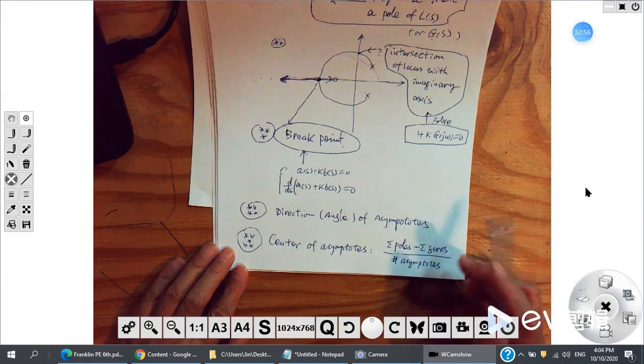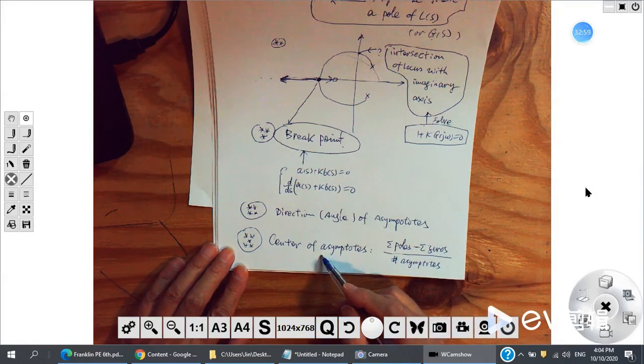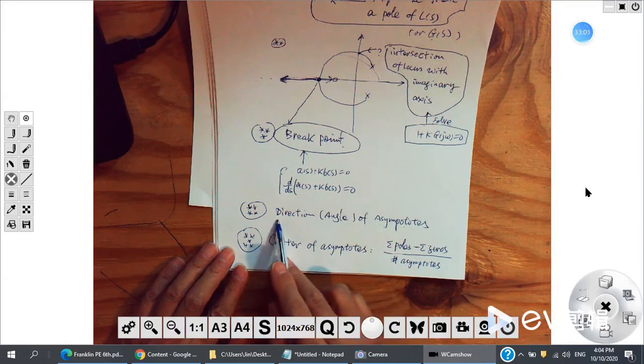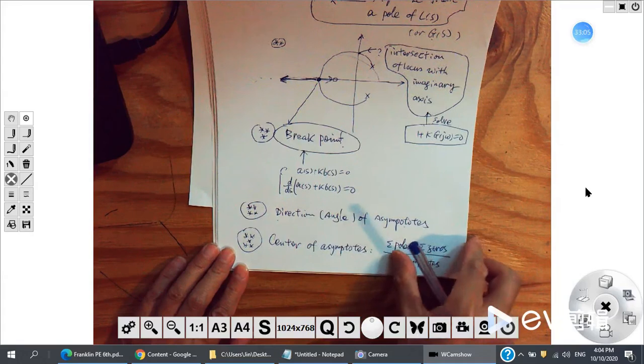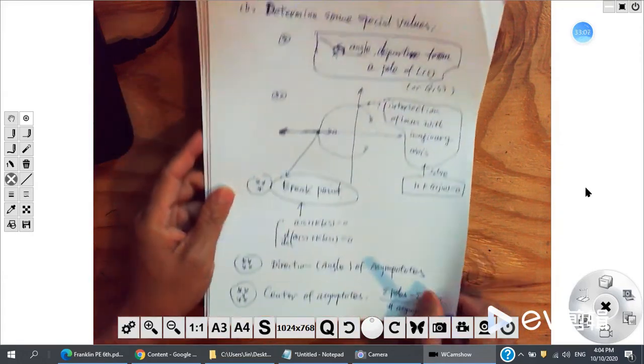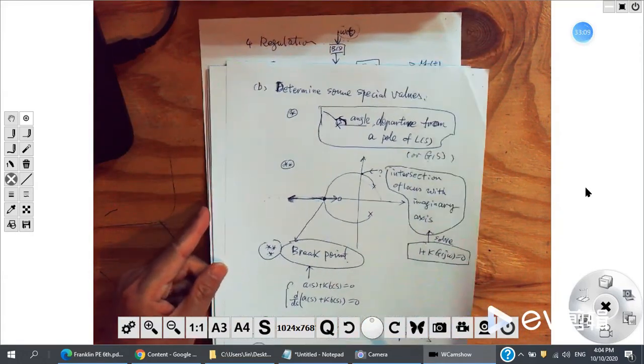All the asymptotes will start from that center and follow the directions here. So this is B. You should know how to determine those special values.